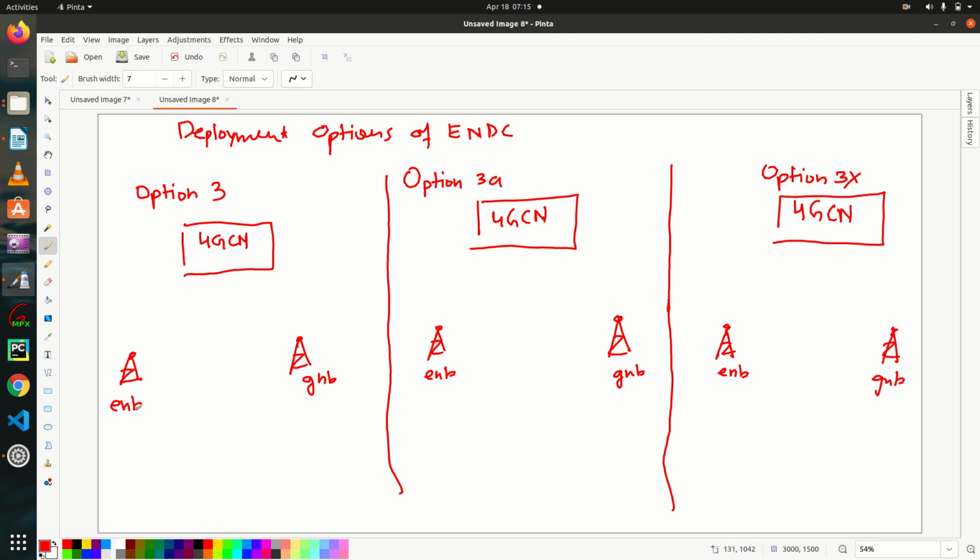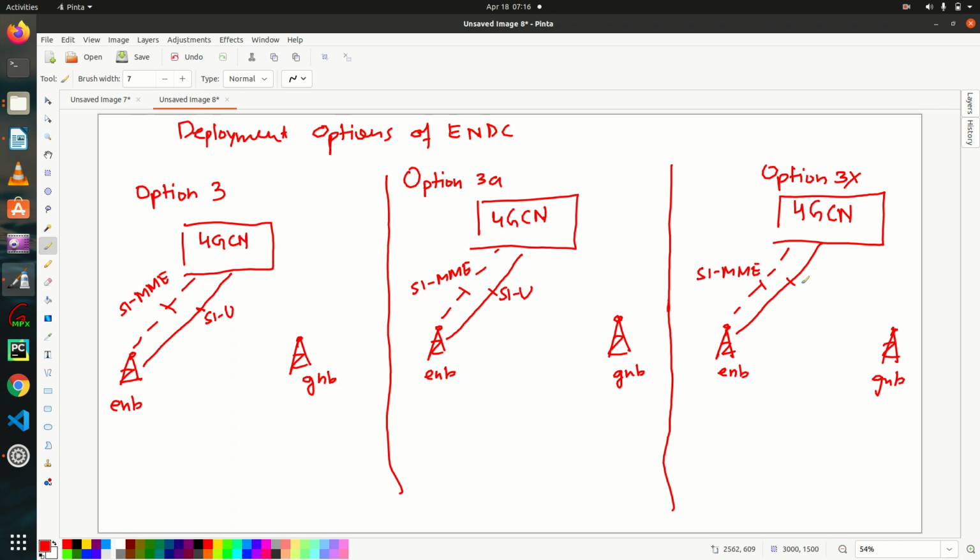Now let's come to the interfaces. The S1-MME interface will always be there, and the S1-U interface will always be there, between eNode B and the 4G core node. S1-MME we also call the control plane, and S1-U the user plane.